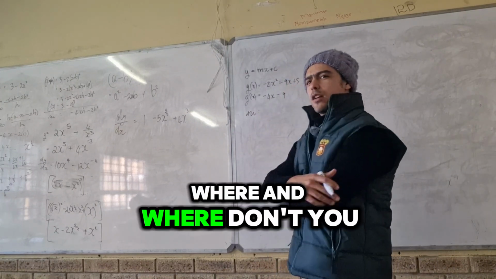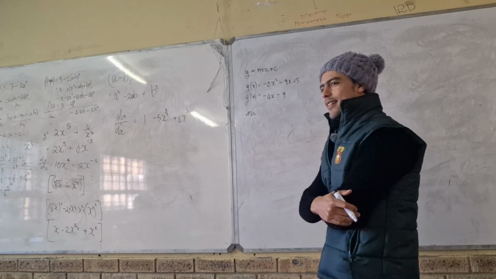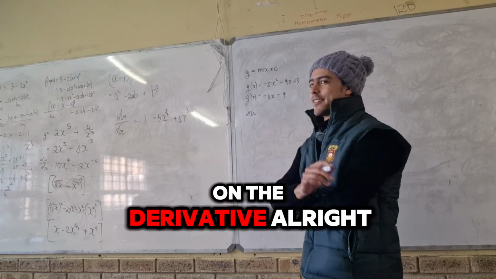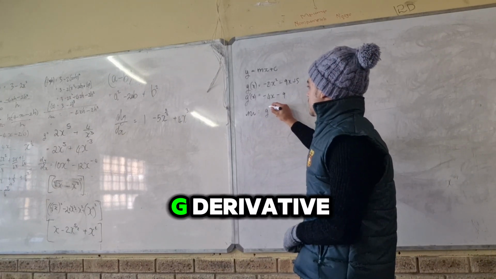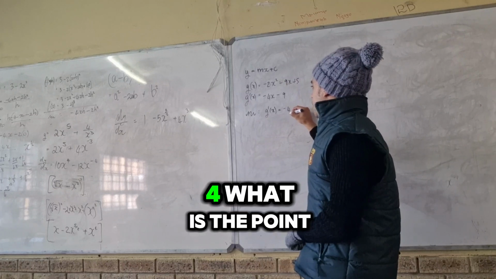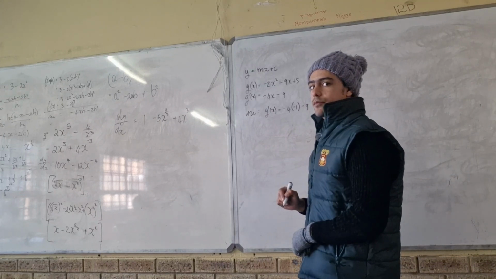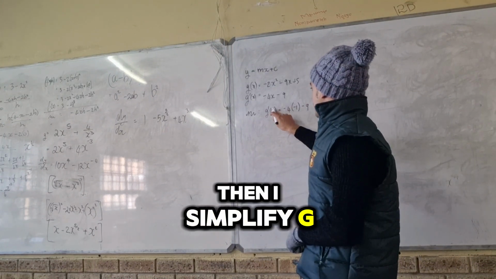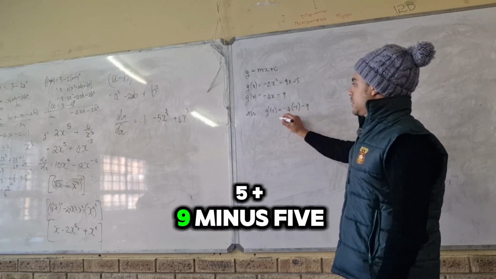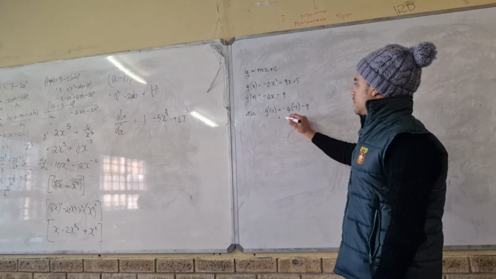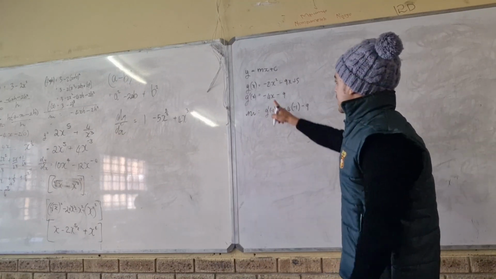So we substitute it into the derivative, remembering that we are determining the gradient. g'(-1) equals -4 times -1 minus 9, which equals positive 4 minus 9, which is -5. This is my gradient, my m value.